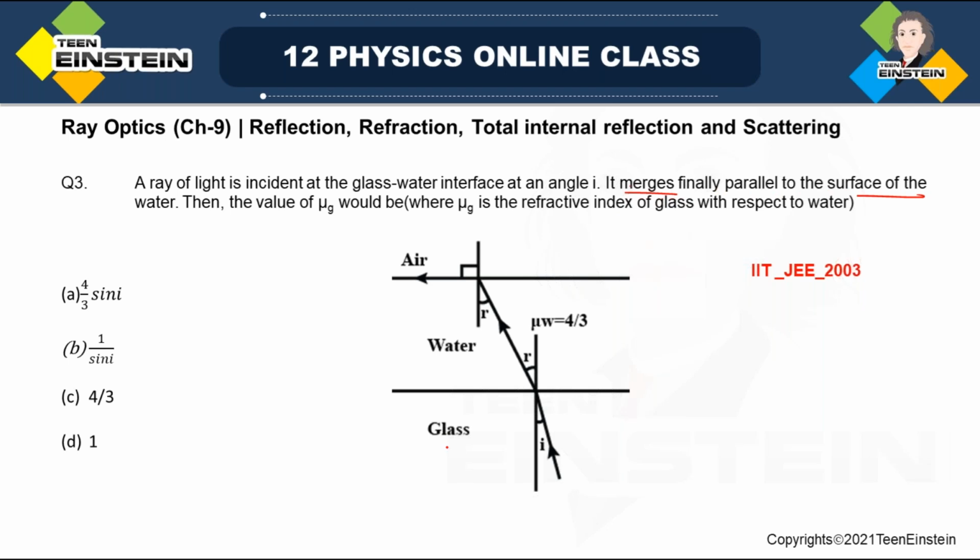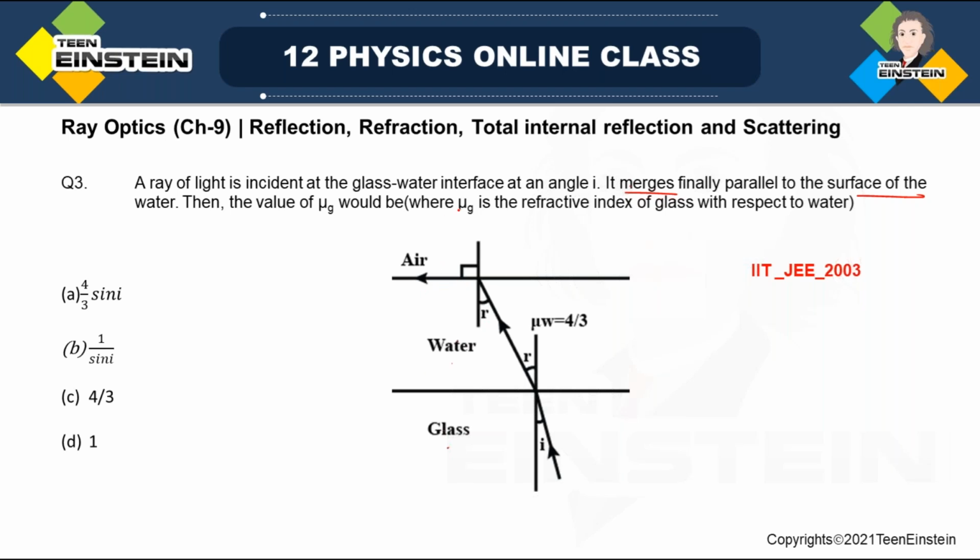Look, this is glass, this is water, so at the interface light is incident at an angle I, and finally when the light is coming out from glass to water, water to air, the ray has become parallel to the water surface.